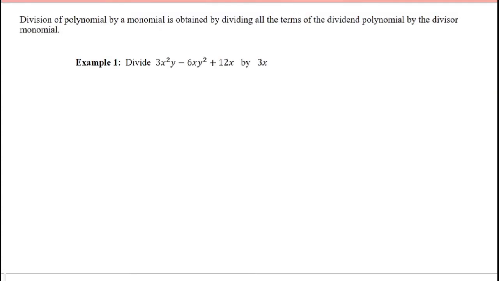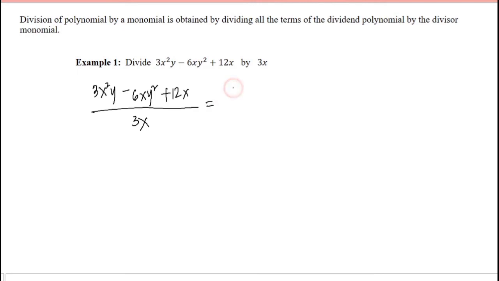Division of a polynomial by a monomial is obtained by dividing all the terms of the dividend polynomial by the divisor monomial. So in this case, if we are going to divide 3x squared y minus 6x y squared plus 12x by 3x, the rule says that we are going to divide each term by the divisor.